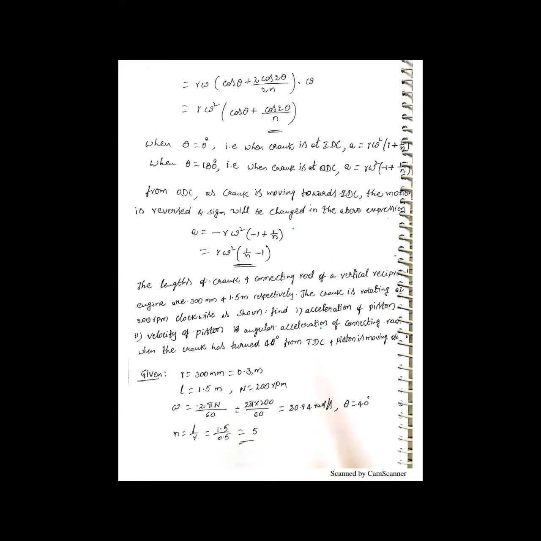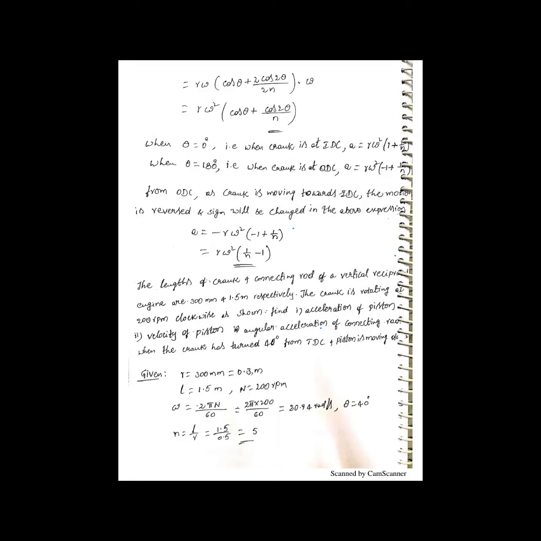Just observe the problem here. The lengths of the crank and connecting rod of a vertical reciprocating engine are 300 mm and 1.5 meter respectively. The crank is rotating at 200 rpm clockwise as shown.